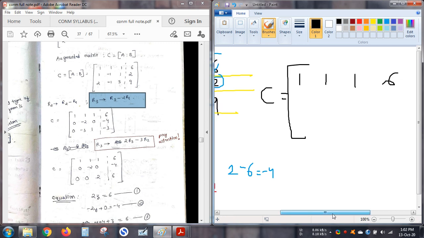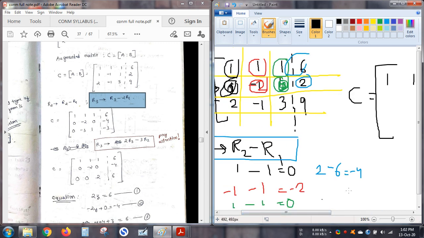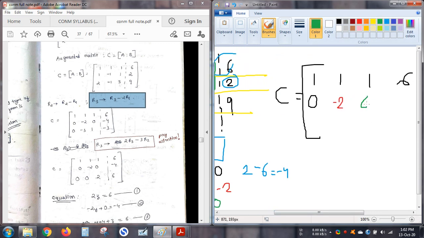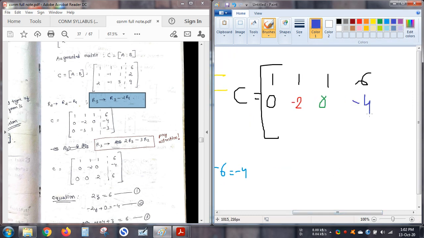The second row has changed to 0, minus 2, 0, minus 4, and the last row is 0, minus 3, 1, and minus 3. So the first operation got done.